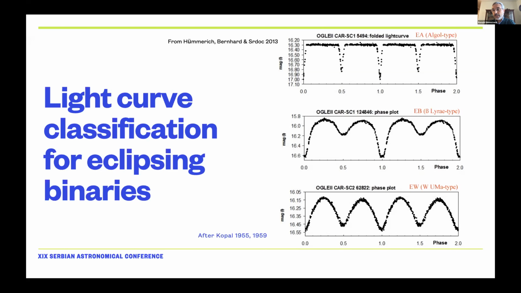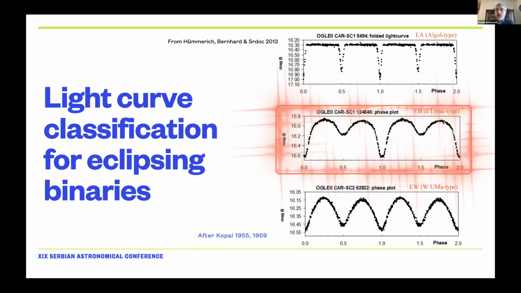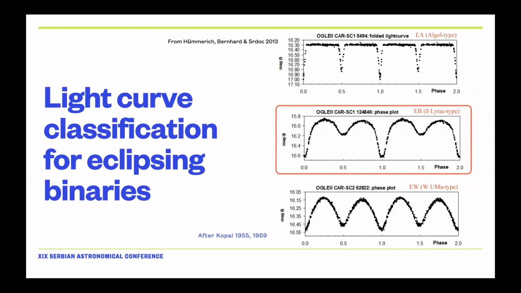And the W UMA type light curve presents a very rounded shape of the orbital light curve during the eclipses. So in this talk, I would like to talk about systems presenting beta Lyrae type light curves, which are characterized by mass transfer between the stars and overflow of the Roche lobe of one of the components.